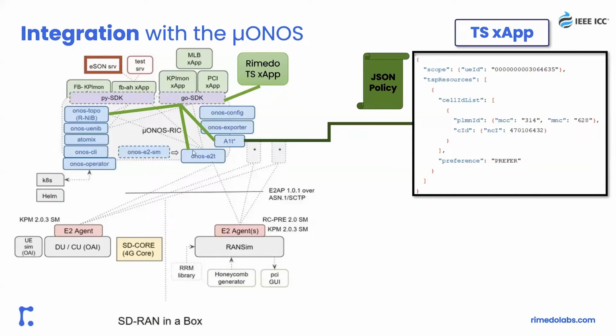Then we have a second connection. So our xApp has a connection to A2 interface through which we have information about all UEs, cells, measurement reports, so about received power. And also we can receive 5QI value for each UE, which is already generated by RAN simulator.